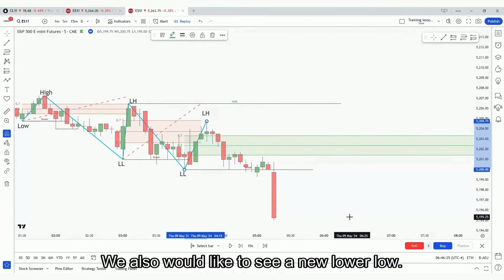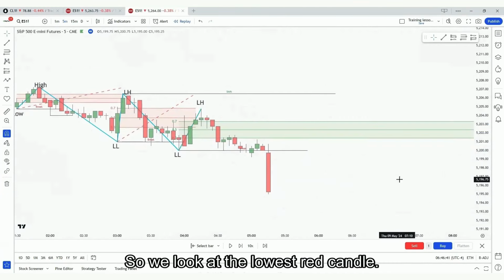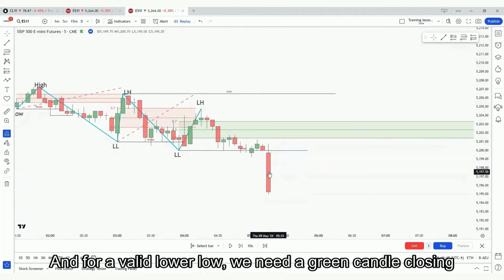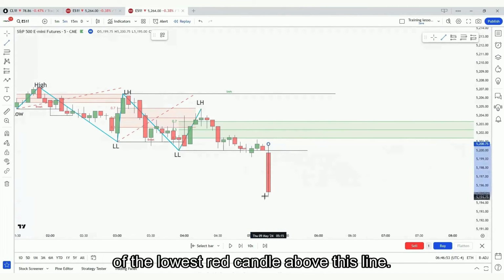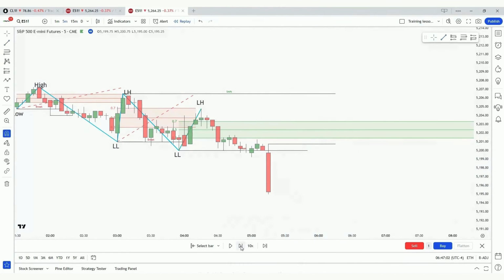We also would like to see a new lower low. So we look at the lowest red candle. This is the lowest red candle right now. And for a valid lower low, we need a green candle closing above the highest point of the lowest red candle, above this line. Let's see what price is doing.